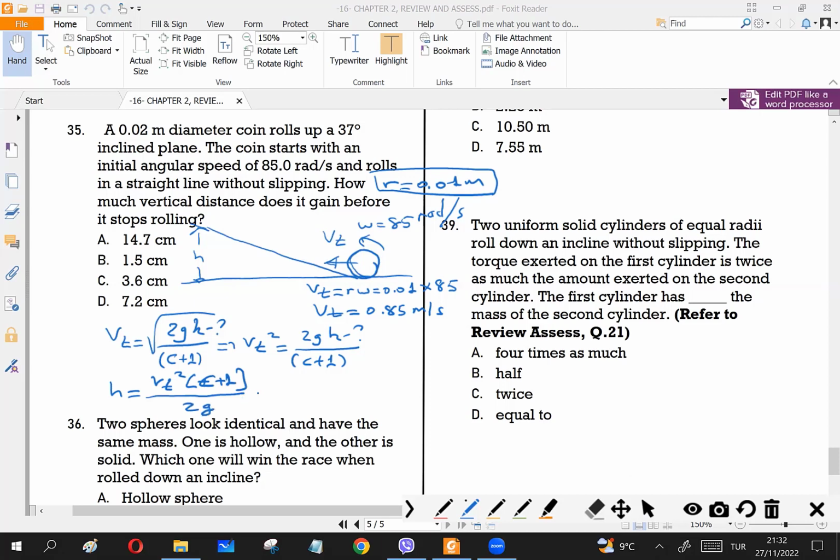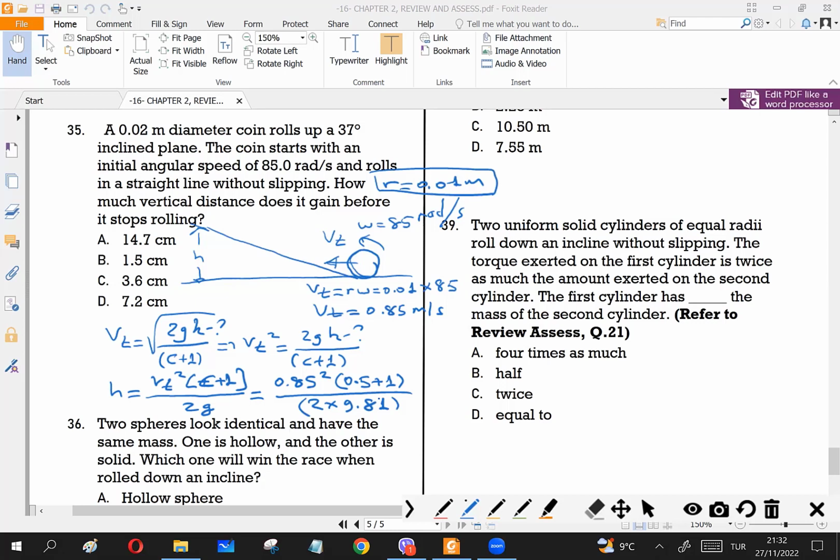After that, you will insert the numbers. Vt is 0.85, which we calculated, but we should square it. C is, a coin is a disk, so c is 1 over 2, that is 0.5, plus 1, divided by 2g, 2 times 9.81. I think some choices in here are given wrong.